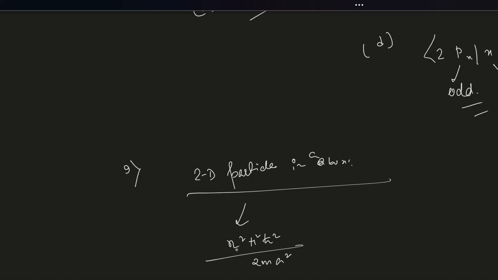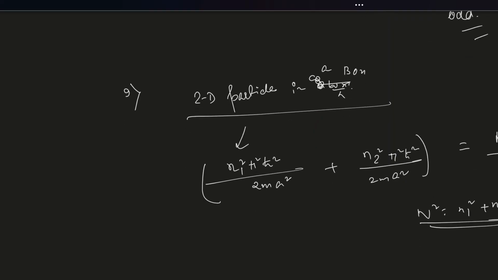For the 2D particle in a box, you have this n1 and n2, which is capital N square pi square h cut square by 2m a square, where capital N square equal to small n1 square plus small n2 square. So this is the relation.